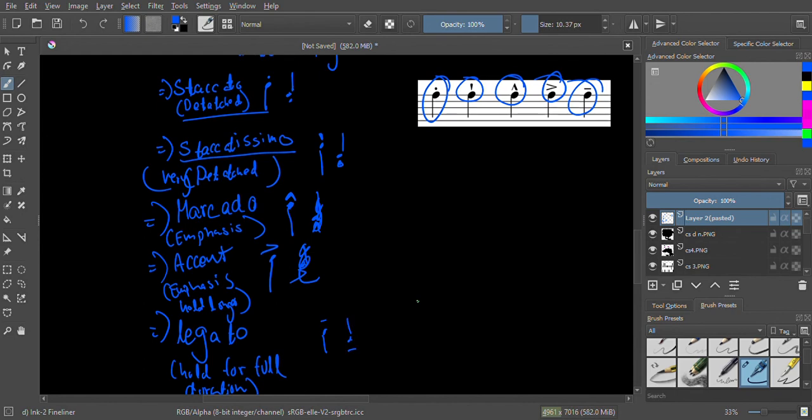This means hold it, make it connected, but don't hold it longer than what the note value dictates. If a quarter note is one count, don't hold it for more than one count. Just hold it for that full one count and don't let it taper off at any point.